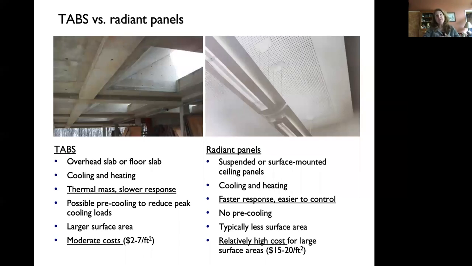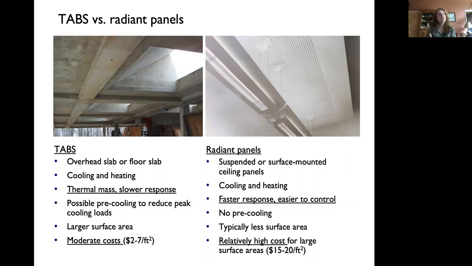The biggest difference, though, is that when you embed it in mass, we know how mass works, right? It's good and bad. It's good in that you can flatten out the peak loads, which is really important, but it's bad in that there's a much slower response. One of the benefits of the radiant panels is that it's a really quick response, so it's easier to control.